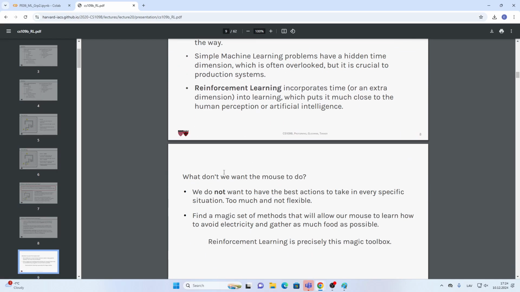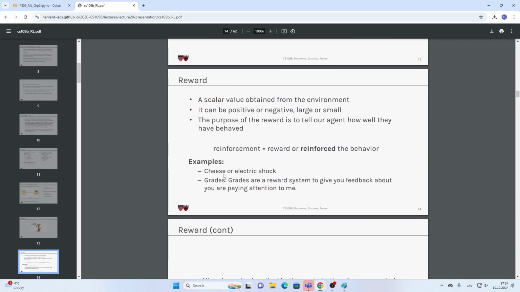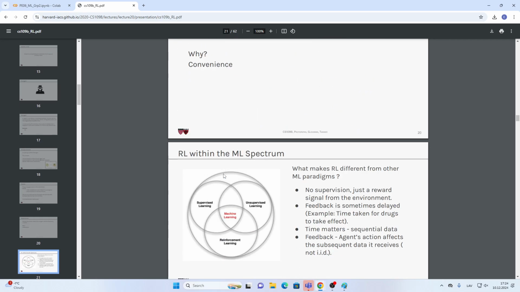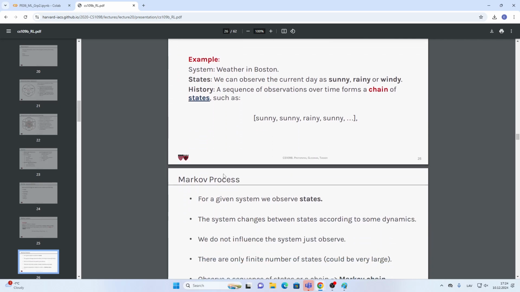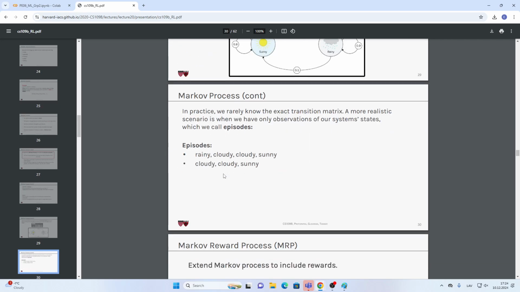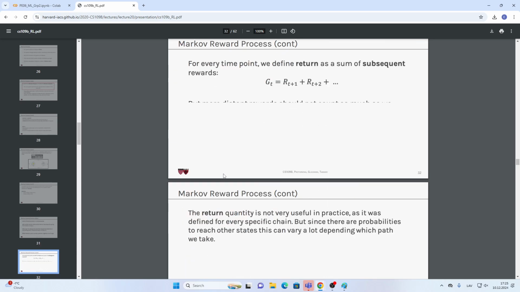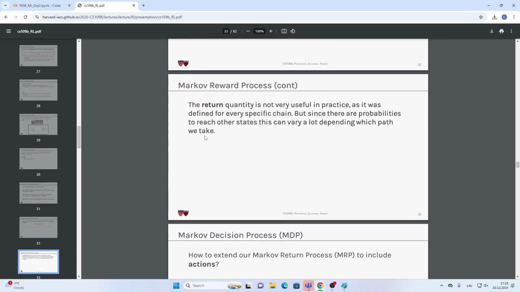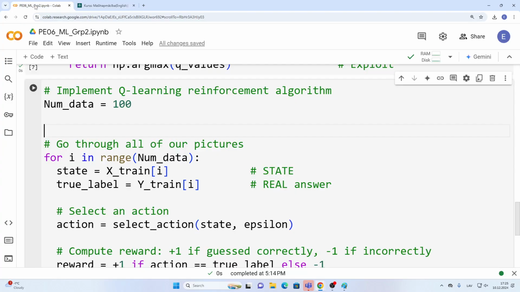Oh, sorry. That was return. Yes. But for simplicity, let's call it a total reward, just to be easy to understand what it's about.